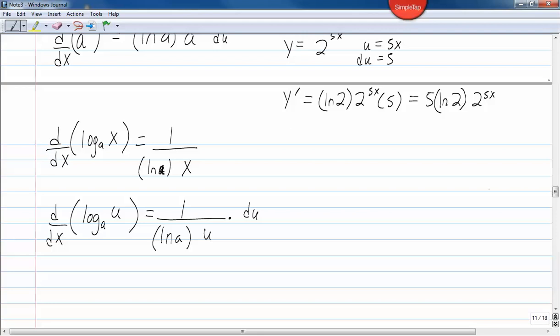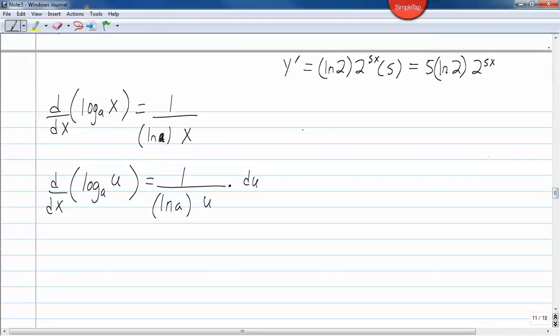So how about I do one of these? Let's say I have y equals log base 10 of cosine x.